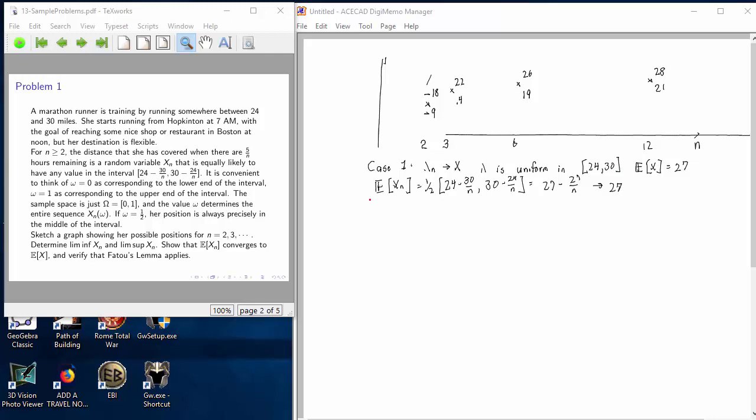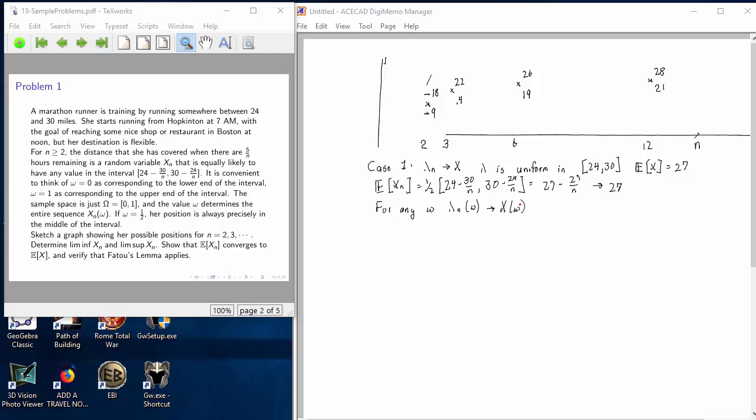Now let's think about this in a little more detail. We pick one omega and it applies throughout the run. And the sequence of random variables, real numbers now, because we're evaluating a specific element of the sample space, converges to x of omega.